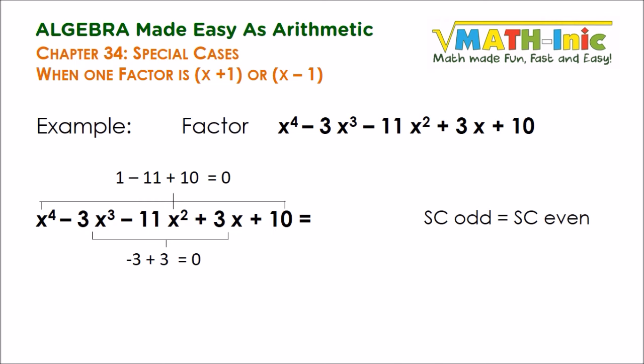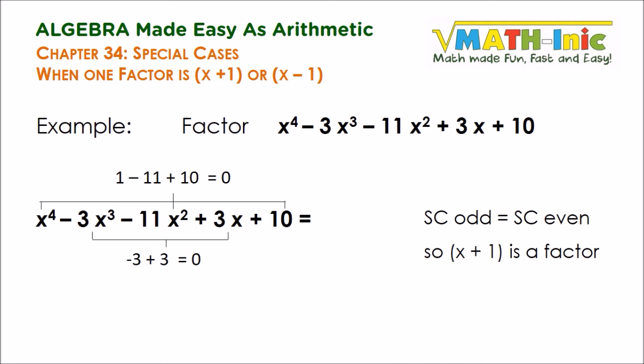So for the even, you have 1 minus 11 plus 10 is equal to 0. And the odd-powered, you have negative 3 and 3. Negative 3 plus 3 is 0. So they're both equal and they're both 0.